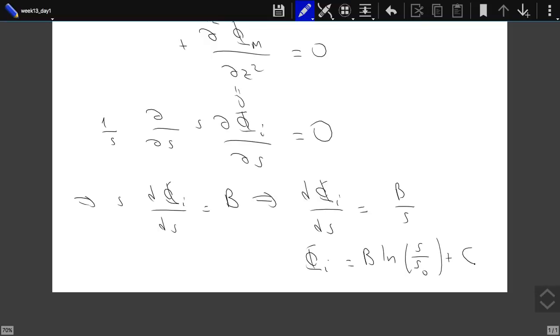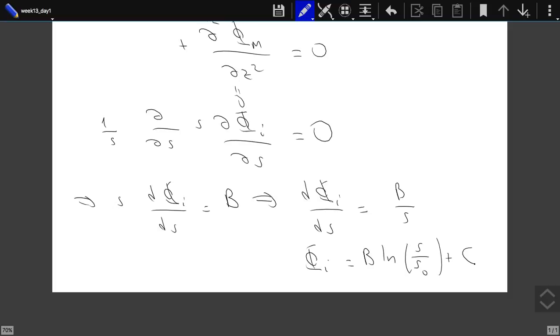By just redefining the value of S0, I can change the value of C. So although it seems as if there are 3 constants over here, there are in fact 2 constants. One is B, the other one is C minus B logarithm of S0. Those are our 2 unknown constants.